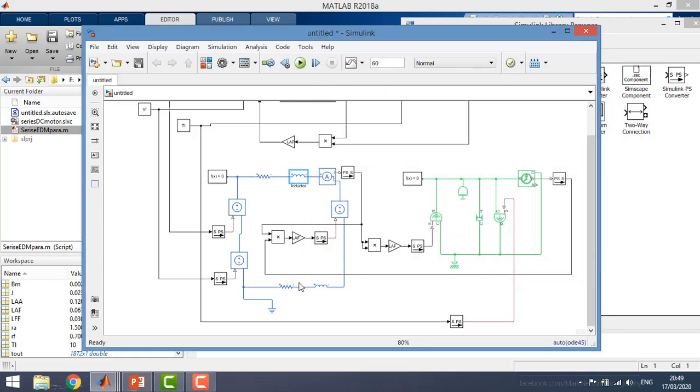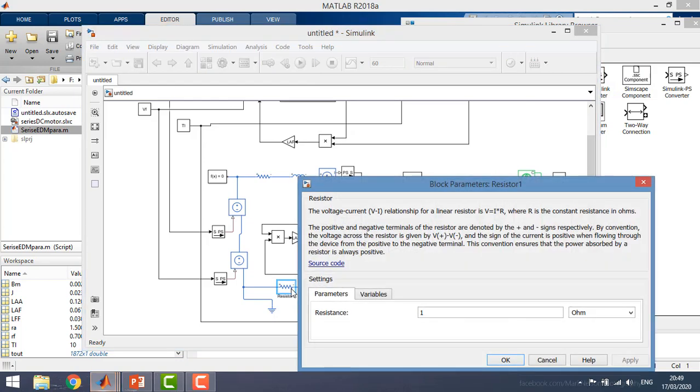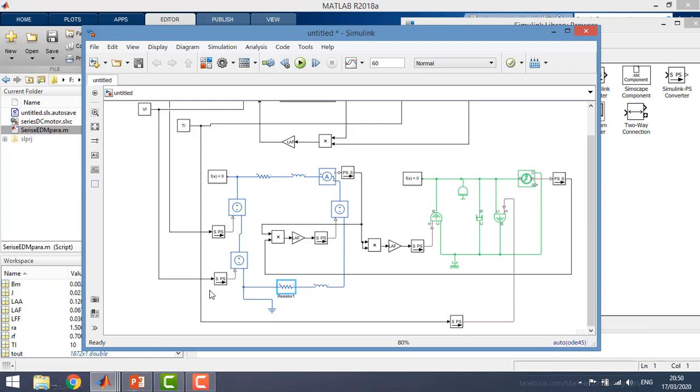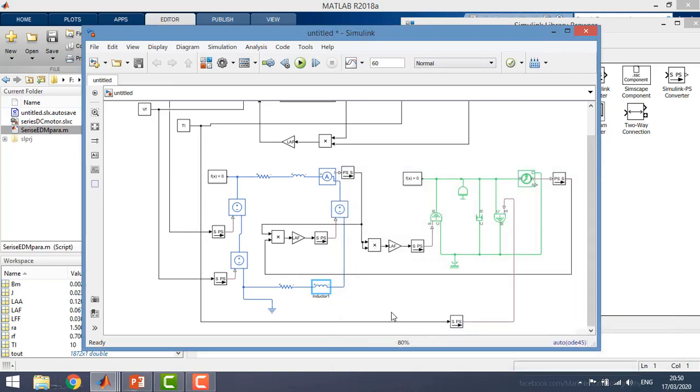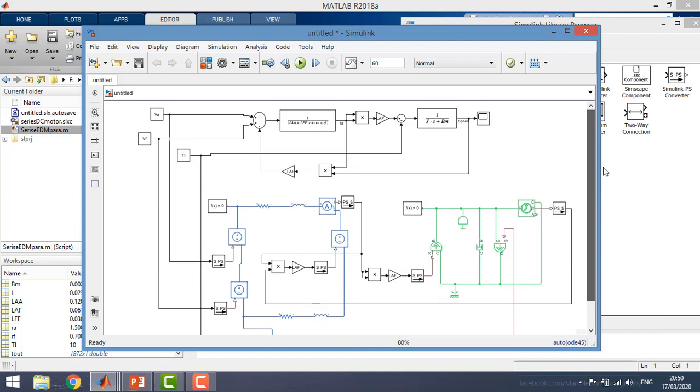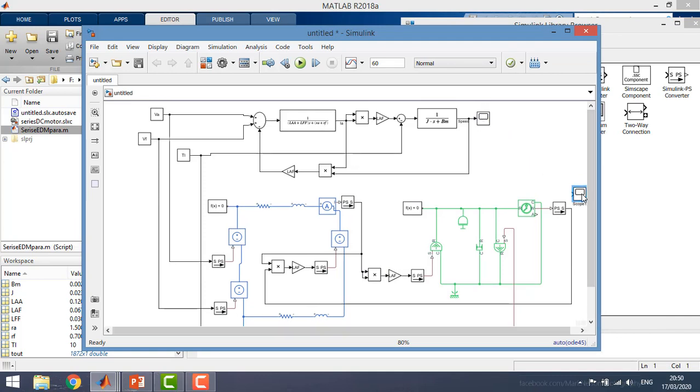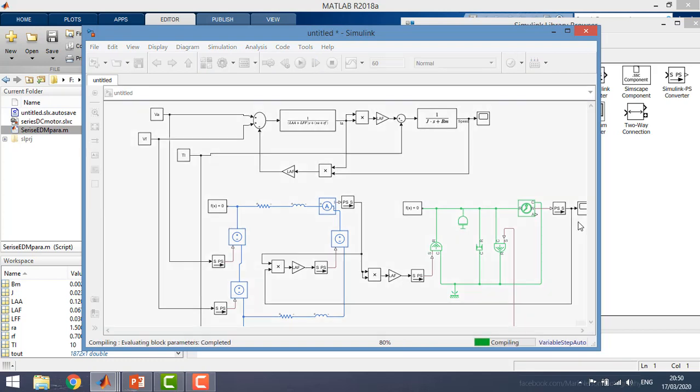So resistance and inductance for the armature circuit, resistance and inductance of the field circuit. Let's check if we would get the same speed.